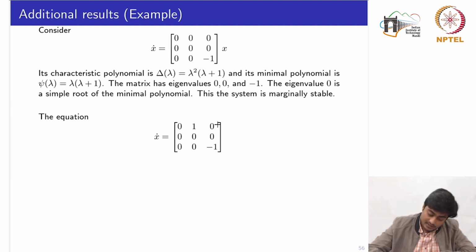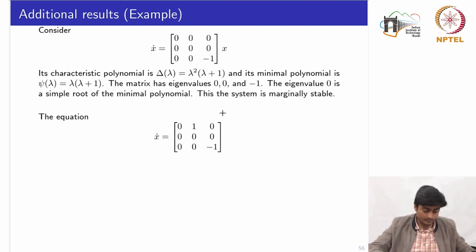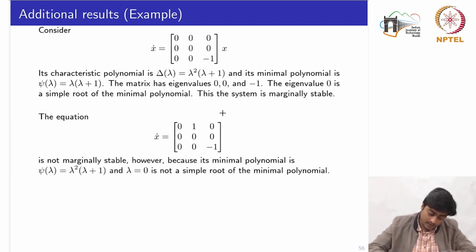Now consider another example where instead of 0 I replace it by 1, otherwise the matrix remains the same. The characteristic polynomial, so sorry, here it should be x. So if I compute the characteristic polynomial for this matrix, it is again equal to this one.